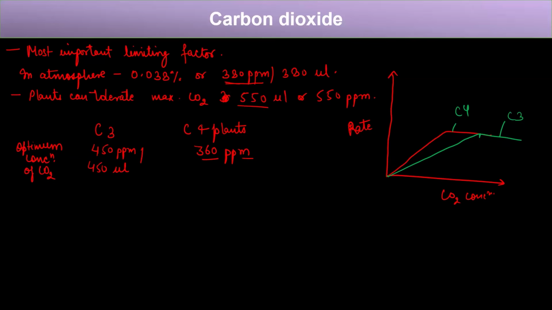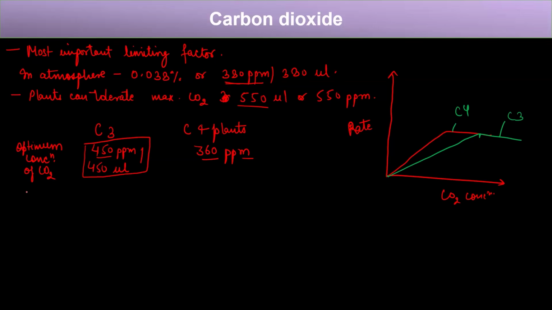They do not require anything because the carbon dioxide present in the environment is higher than what is required. But if you look at the C3 plants, their optimum requirement is 450 ppm, right? But the environment has only 380 ppm. So how do these C3 plants grow? The question is this.